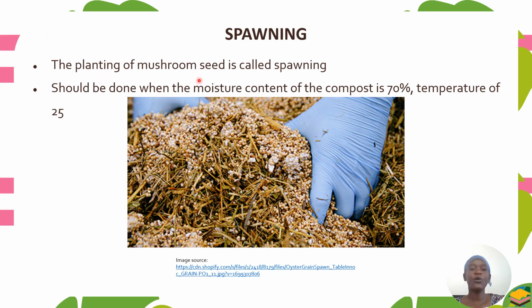The planting of mushroom seed material is called spawning, whereby you mix the millet with the mycelium. This should be done when the moisture content of the compost is 70% and the temperature is 25 degrees Celsius.